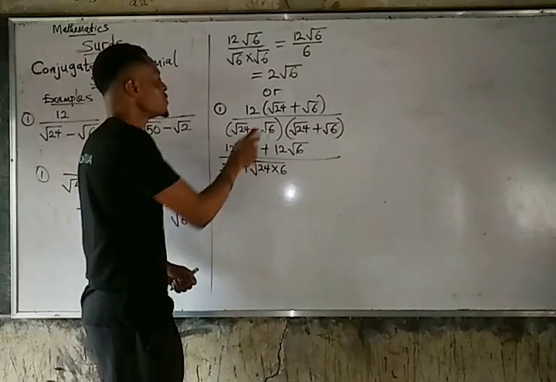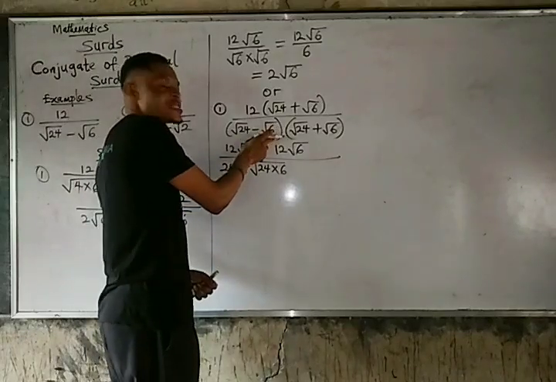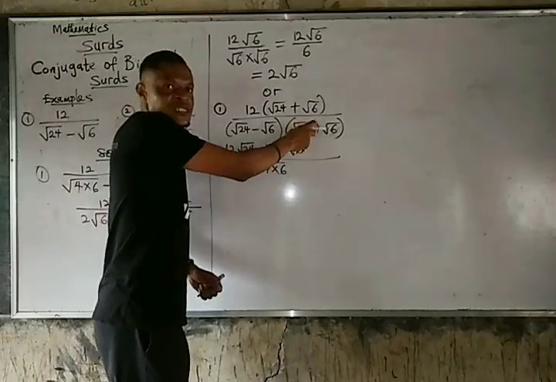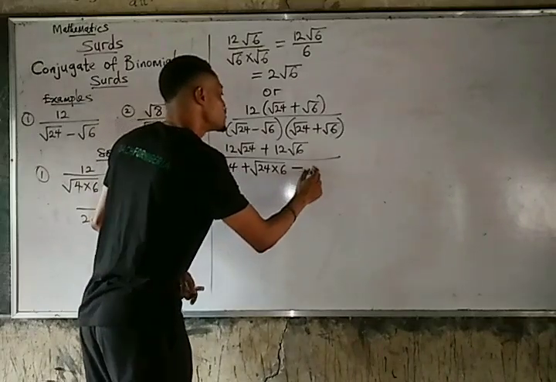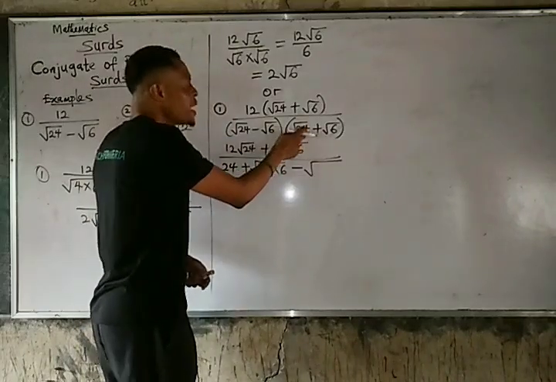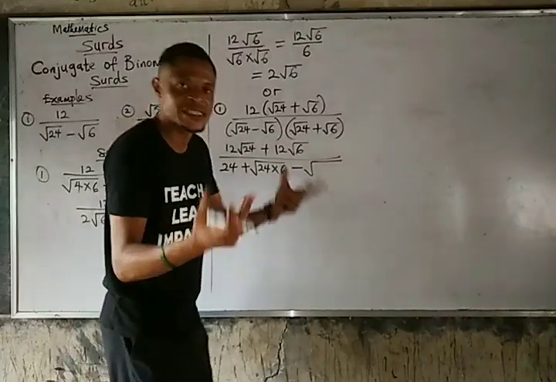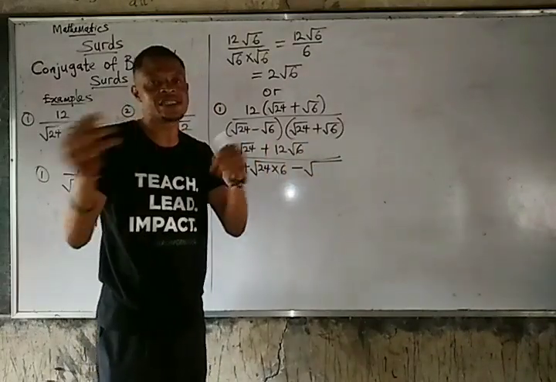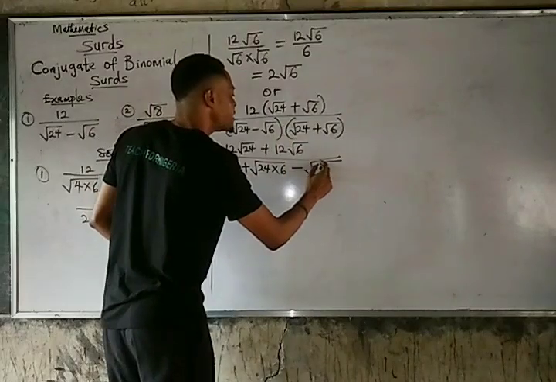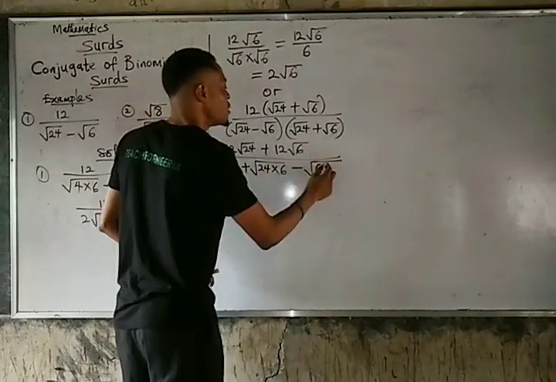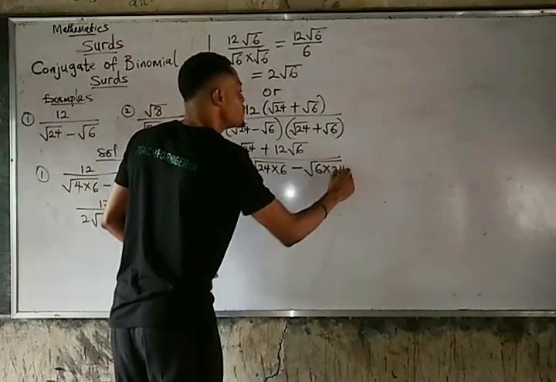Then for this, we have minus 6 multiplied by root 24. It's still the same thing. It means it will give us minus either 6 multiplied by 24 or 24 multiplied by 6. They are the same because 2 times 3 is 6, 3 times 2 is also 6. So let me deliberately write 6 multiplied by 24.